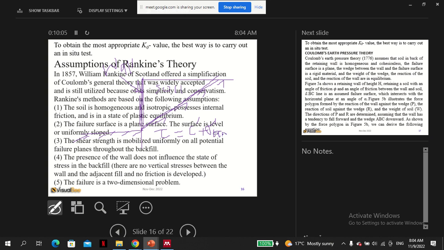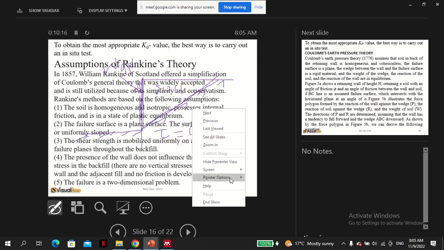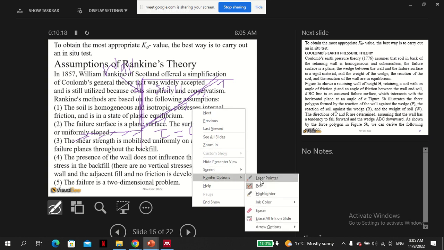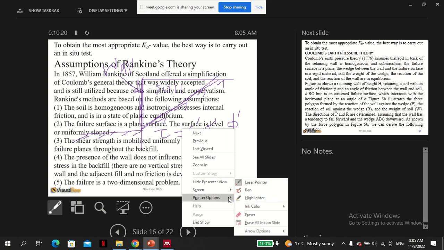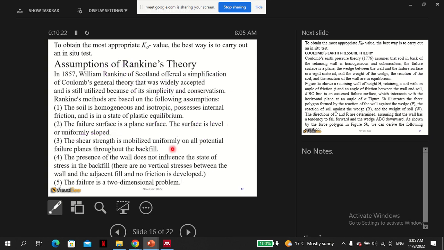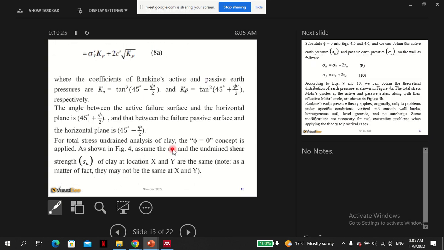You should already be very familiar with this. So this is mobilized uniformly along the failure plane. So those are the assumptions. Unless there's a question, let's get now to the details.